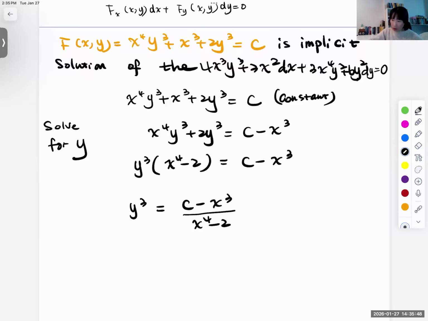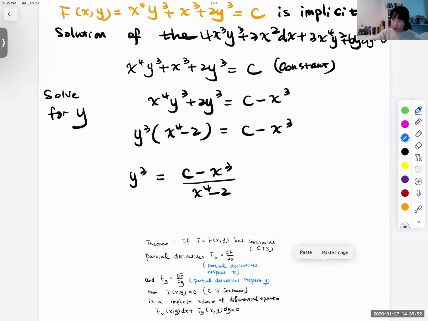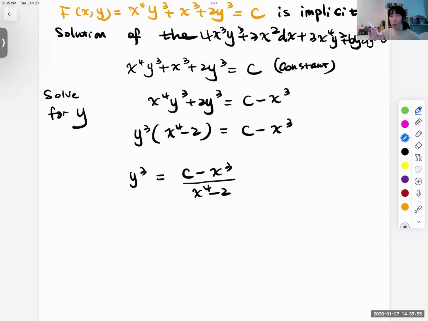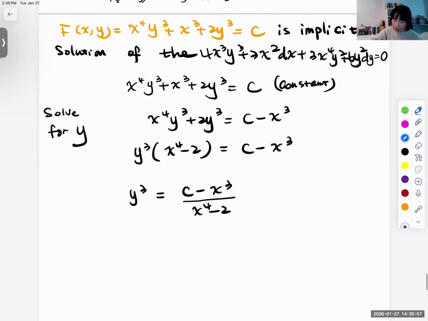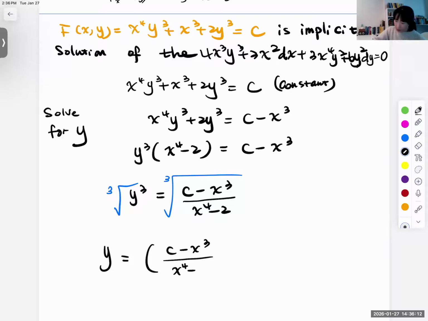Okay, now we take the square root. Ooh, not square, cube root, right? Cube root to both sides to solve for y, right? So there will be y equal to c minus x to the third over x to the fourth power minus 2, all to the 1/3.